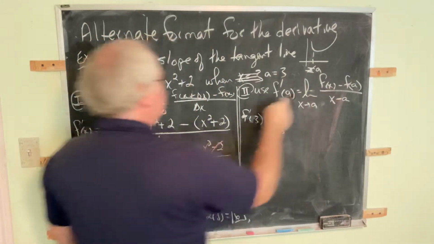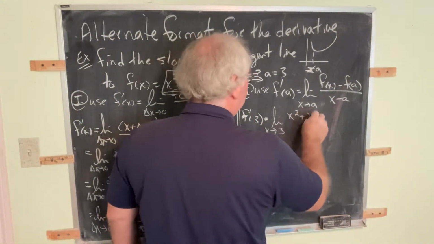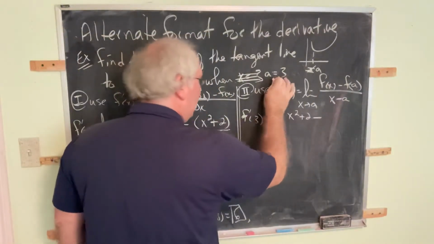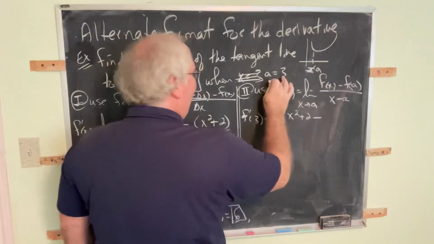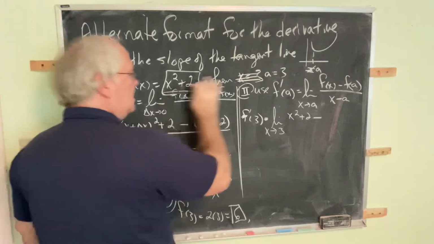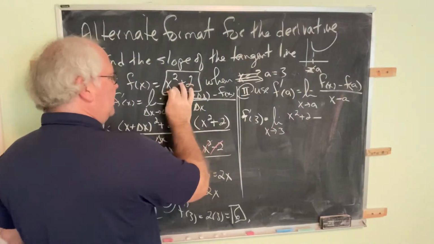I need f of x, which is x squared plus 2, minus f of a. I need to evaluate the function at 3. F of a, you take a into the function. That's 3 squared plus 2.